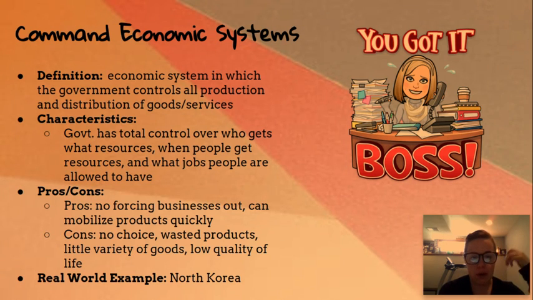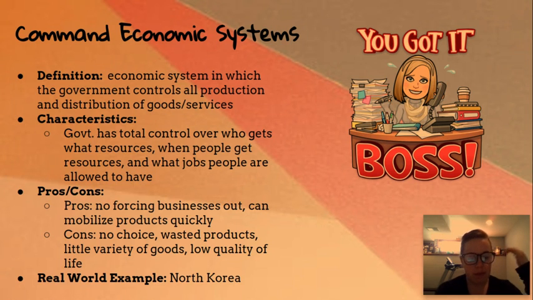But there are some pros, if you want to think about it that way. You're not forcing businesses out with competition because the main businesses are government controlled. So there's not a lot of, oh, that company went out of business because the big company took over. And you can mobilize a lot of products quickly.